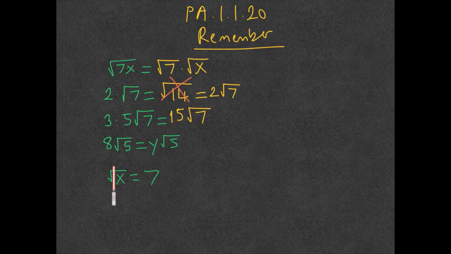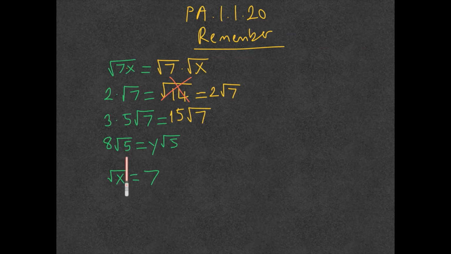Next is 8 root 5 is equal to y root 5. According to the equal sign, I have root 5 on the left side and another root 5 on the right side, and they are in multiplication. It works only if they are in multiplication. If they are in addition or subtraction, you cannot do that.